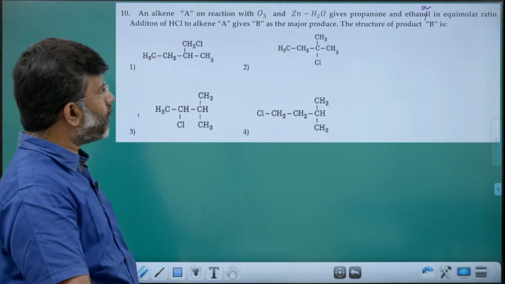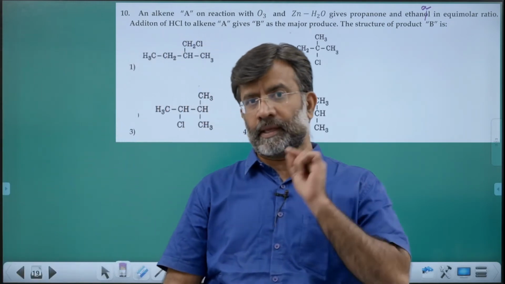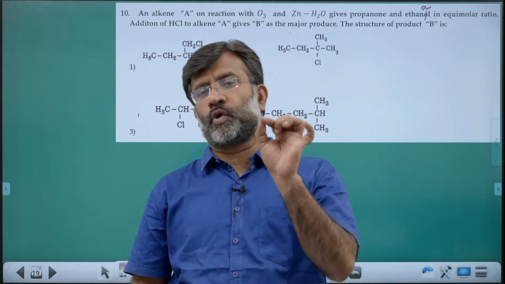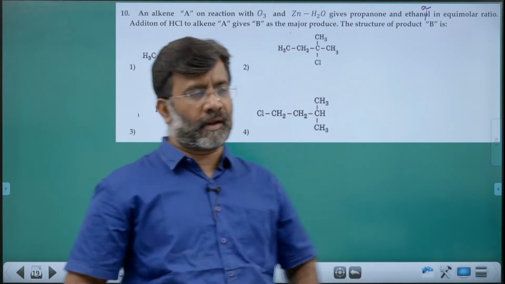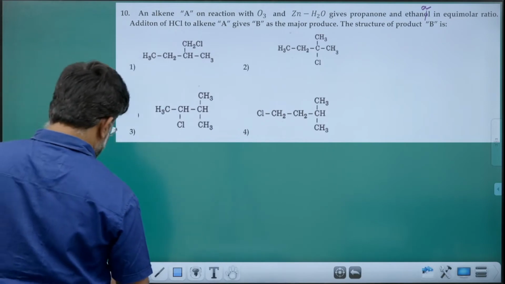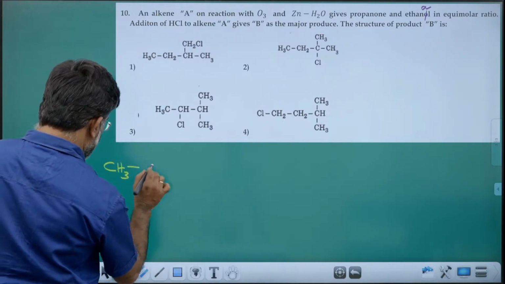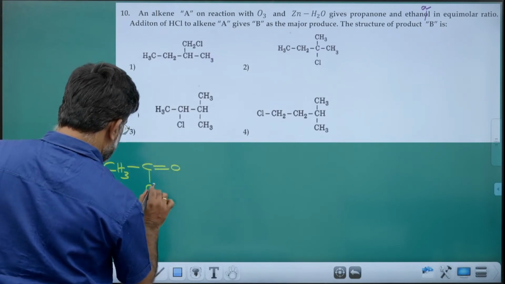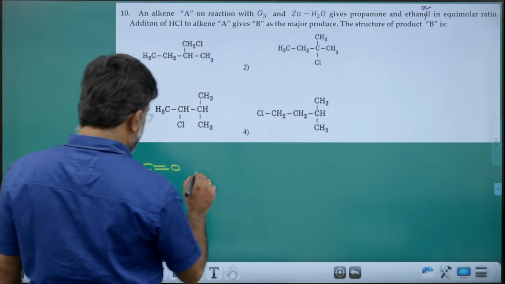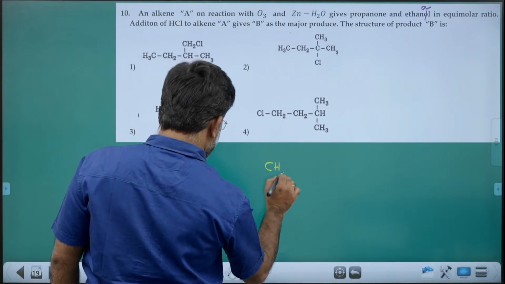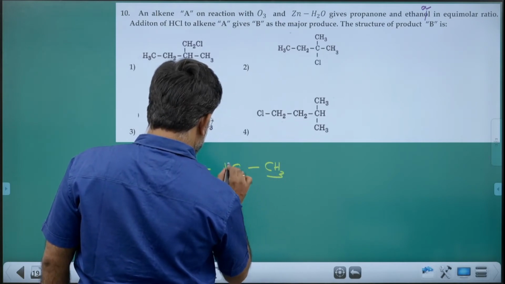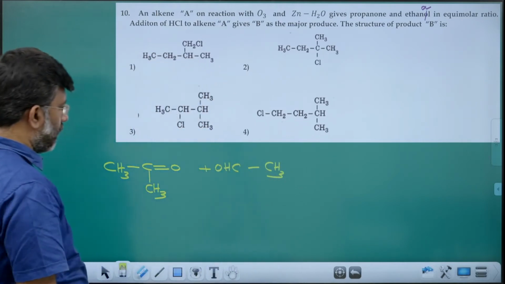See, you are getting propanone and ethanal upon ozonolysis of the alkene. What is that alkene? You can easily find out. CH3COCH3, this is propanone, and CH3CHO, this is ethanal.